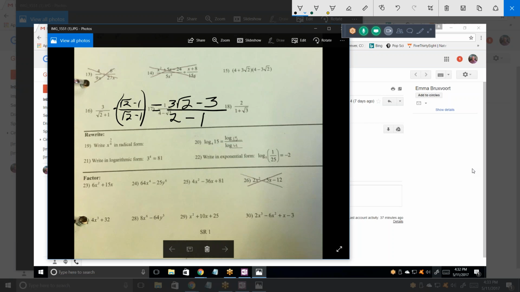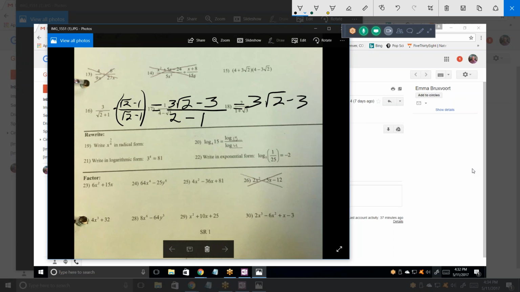So that's the numerator. You don't necessarily have to multiply it out, but since the bottom becomes 1, we end up with 3 root 2 minus 3. And that's our answer. Do you have answers on these?